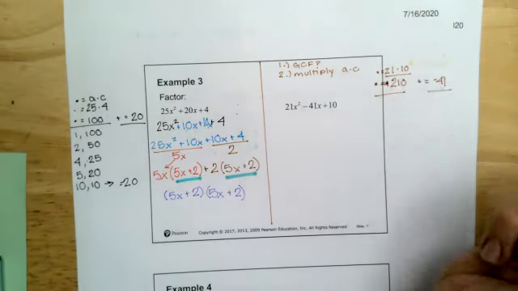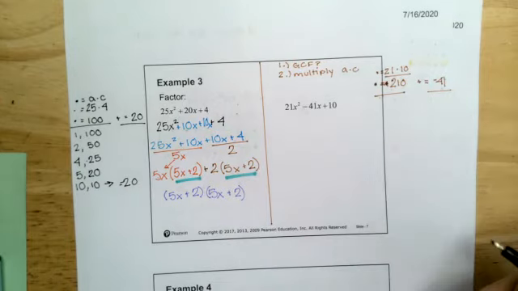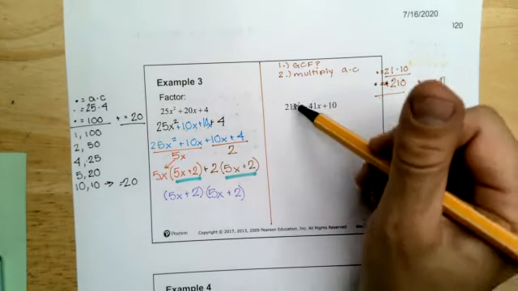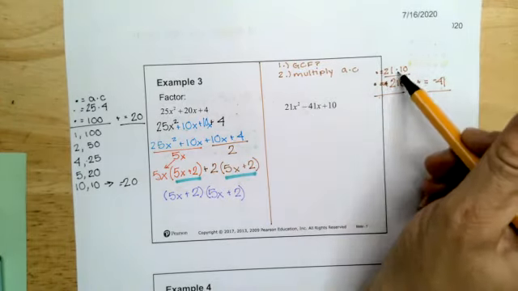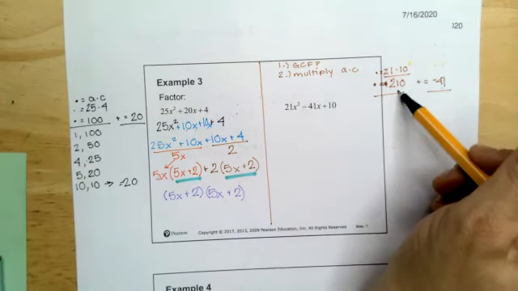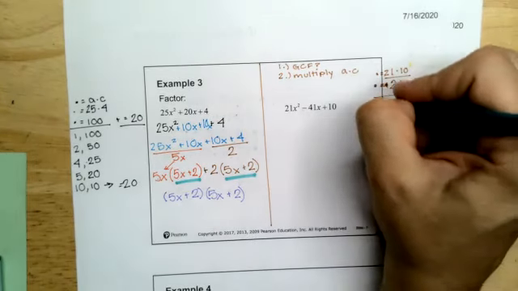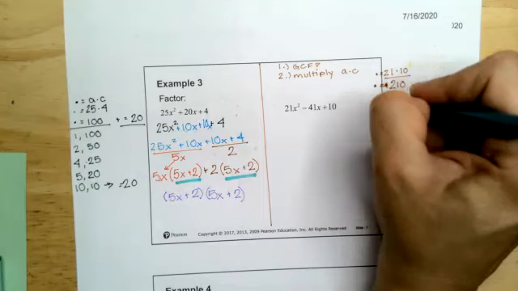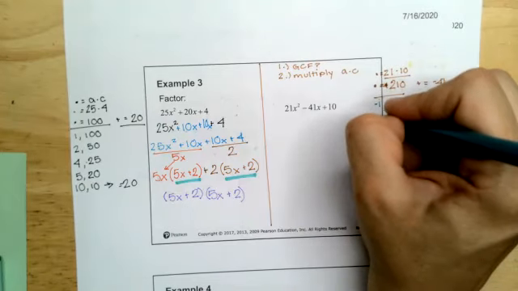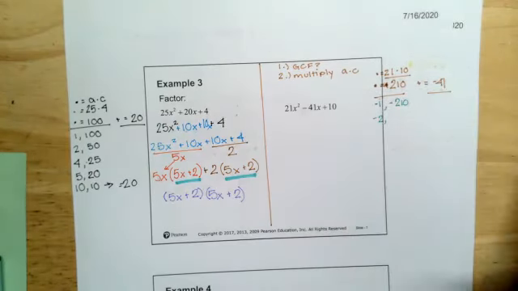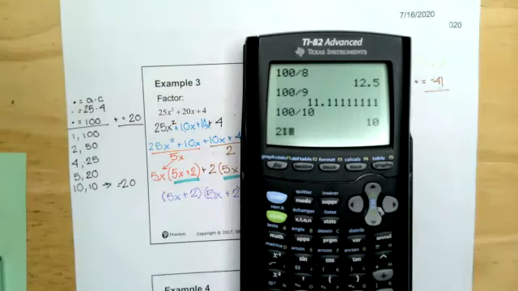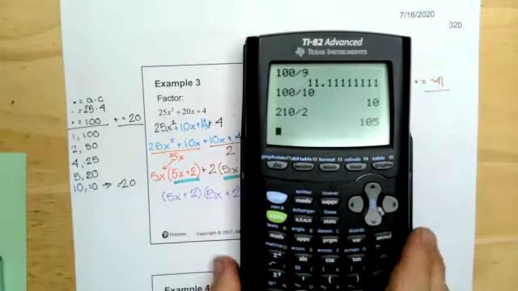Right? All right. So a positive and a positive multiplied together give a positive. So we have a positive when we're multiplying, but a negative when we're adding. That means both the terms are going to be negative, right? Negative 1 times a negative 210. Negative 2 times, what do we know? 210 divided by 2 is 105.